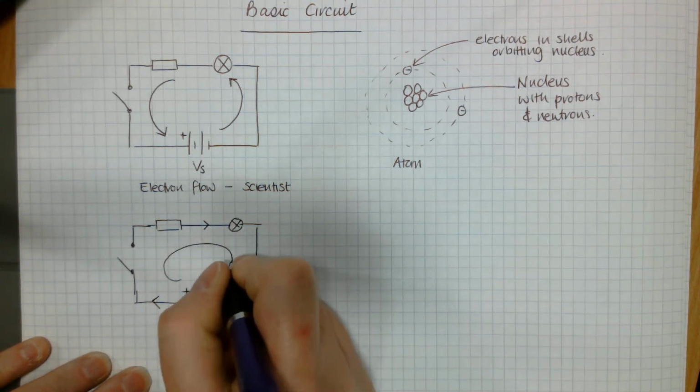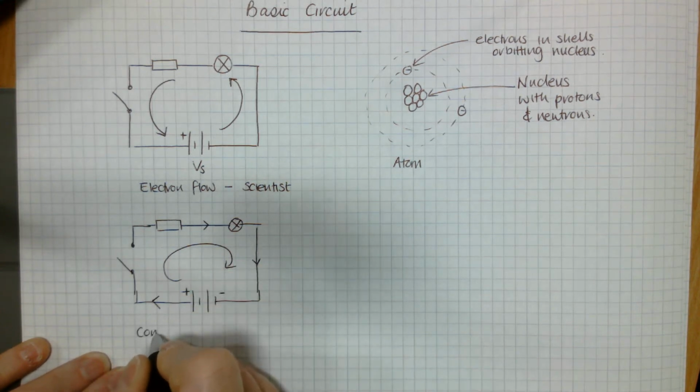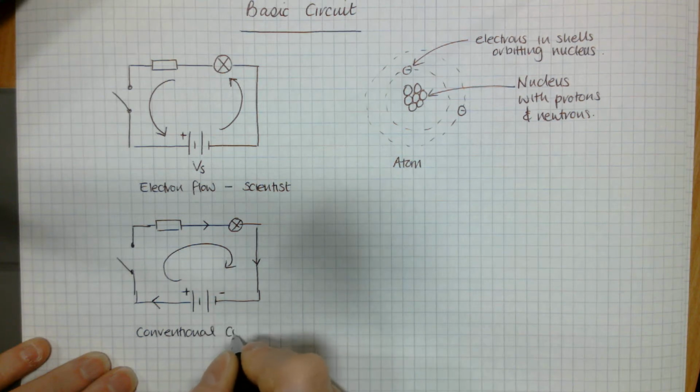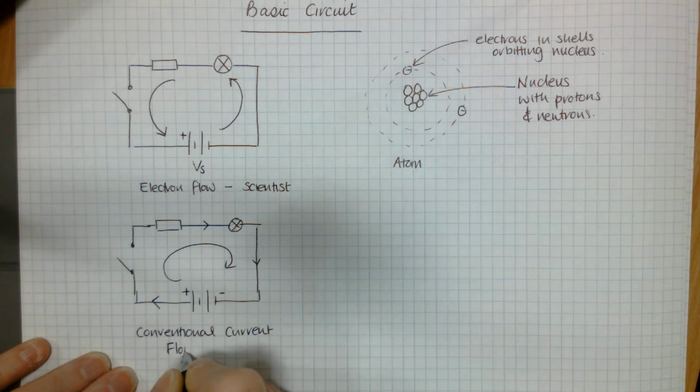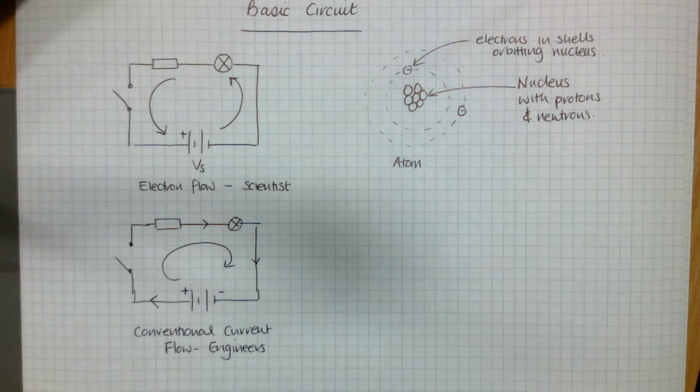And that way round is called conventional current flow. And that's for engineers. It's to simplify the calculations.